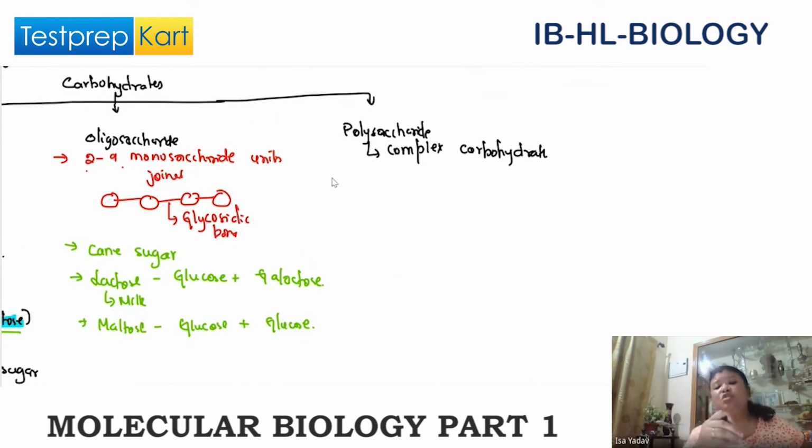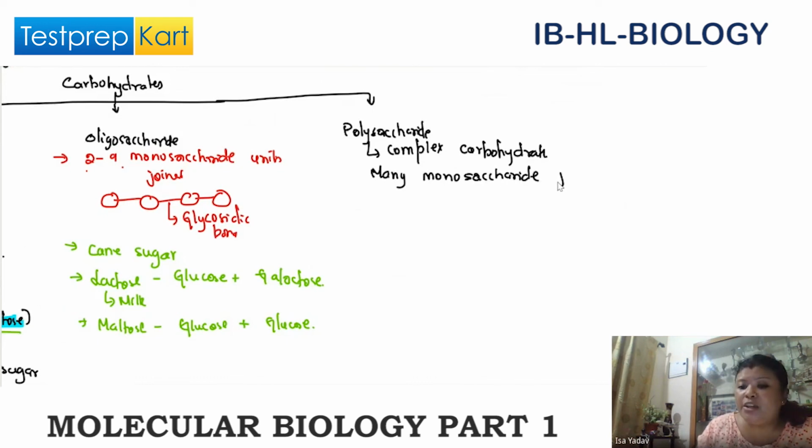Thousands and thousands of monosaccharides will join by glycosidic bonds to form polysaccharides. Many monosaccharide units join to form what? Polysaccharide. Polysaccharides are complex carbohydrates.